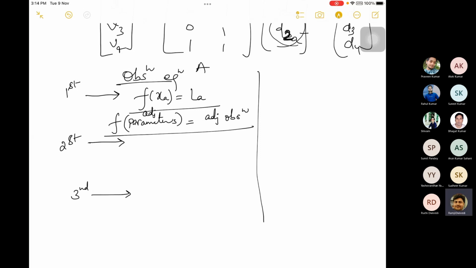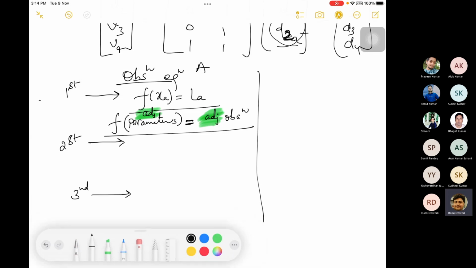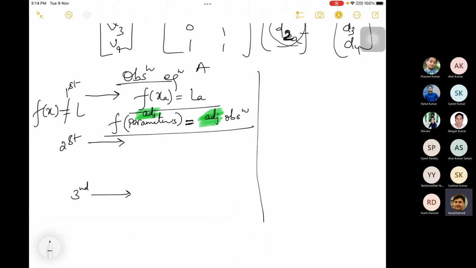Because, as I've told you earlier also, equality will only apply when we have the so-called adjusted word written before it. If adjusted is not written, that means F(X) is equal to L, and this equality doesn't hold. You get my point?